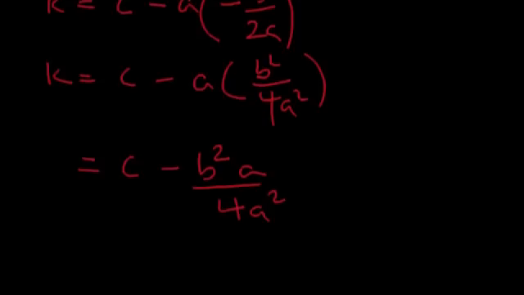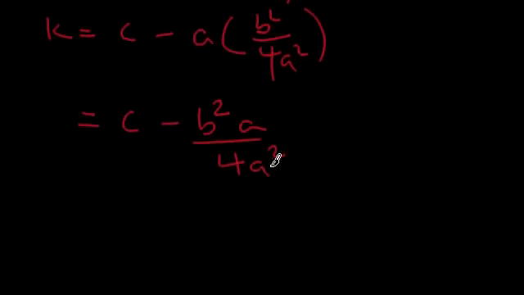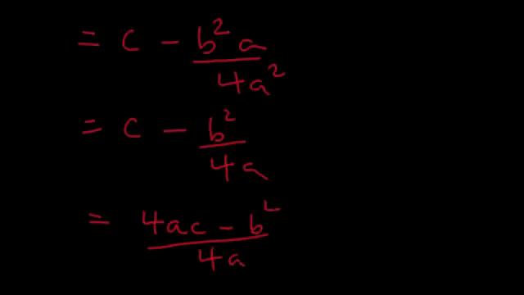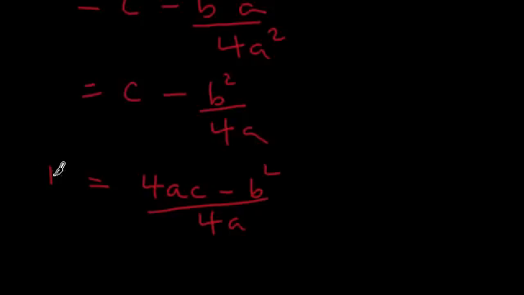And we've got an a on the top and the bottom on this term here, so we're going to take that a out. So we've gotten b squared over 4a. And if we get a common denominator of 4a, we can rewrite that as 4ac minus b squared all over 4a. And that's going to be our k.